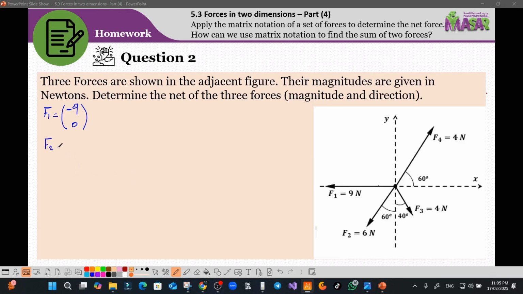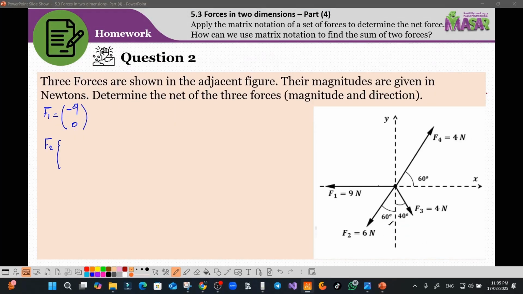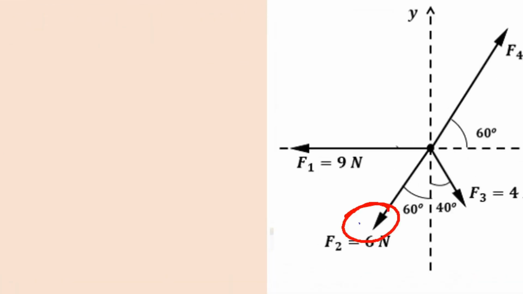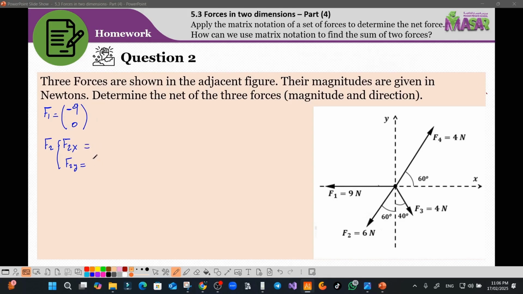Now, let's start with F2. Let's decompose F2. Now, the angle here is theta with the y, which means the cosine should belong to the F2y. Since this force is in the third quadrant, this means everything is going to be negative here.